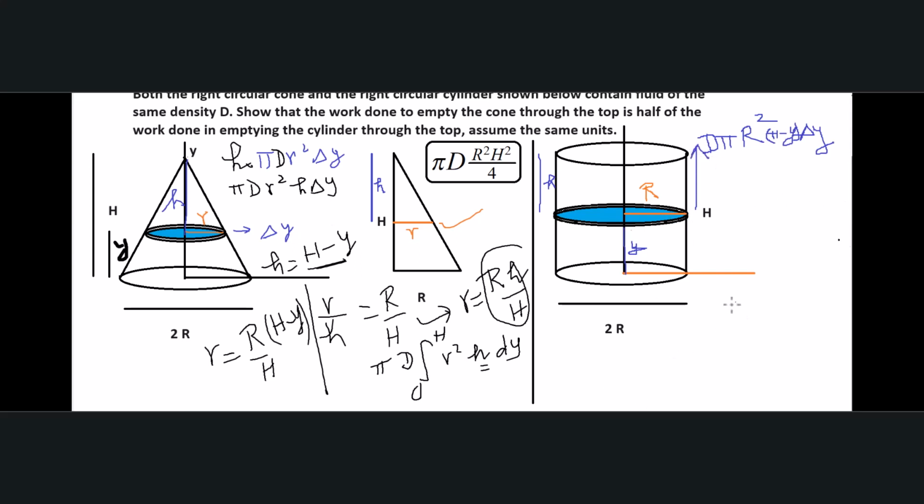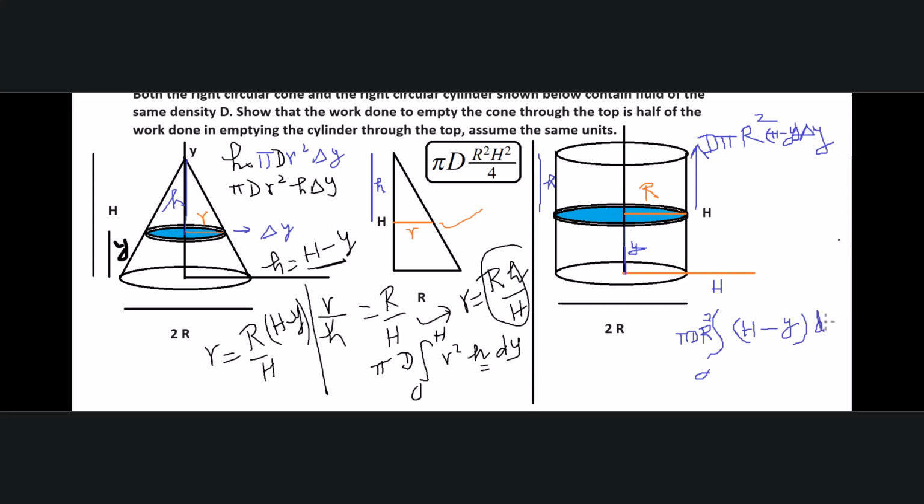All right. So again, we have to get the integral from 0 to capital H in the same manner as before, pi d, and this time even capital R squared. These will go outside, and what you will have inside is the capital H minus y dy.